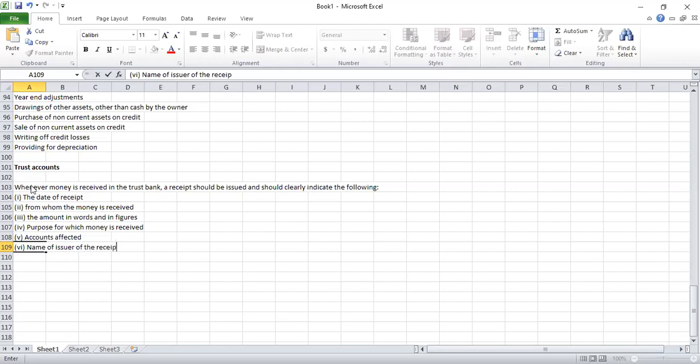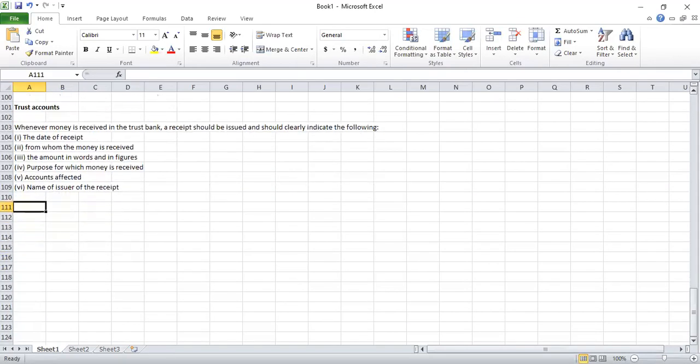So all these things should be on the receipt whenever money is received under trust. For example, they've put money in the bank account because they want you to do a particular job in future. So you should issue them with a receipt that will have all of the following.